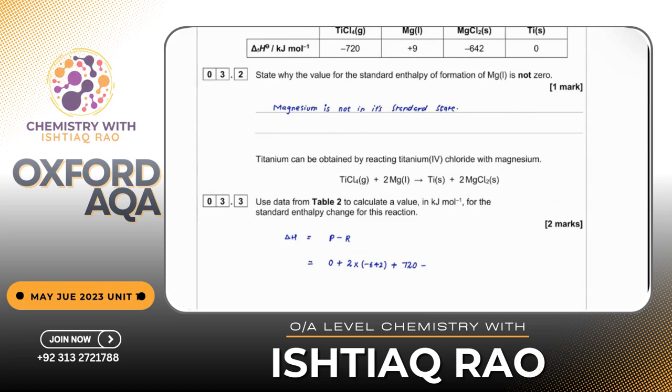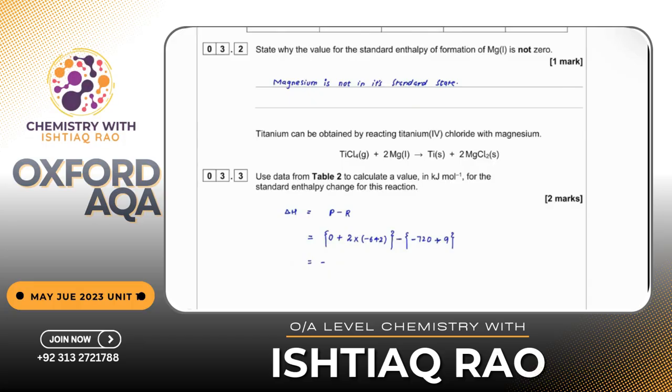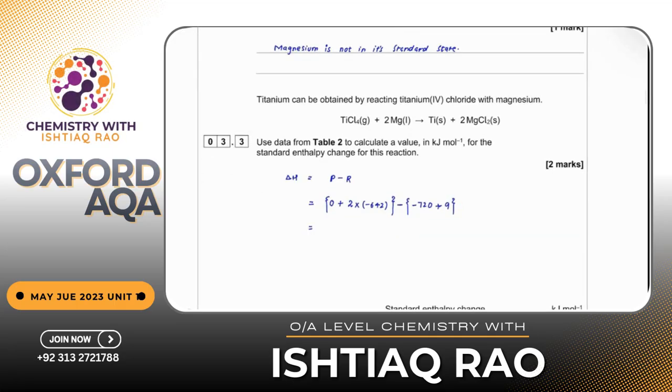I'm supposed to put the bracket first to avoid mistakes. This is product side minus reactant side. So minus 2 into 642. You can simplify this to get the answer.